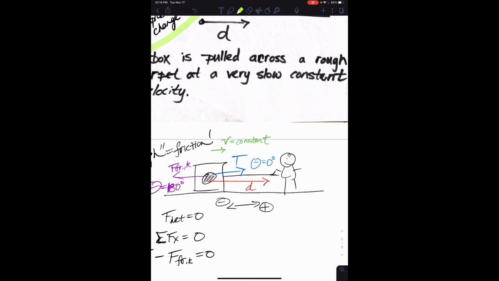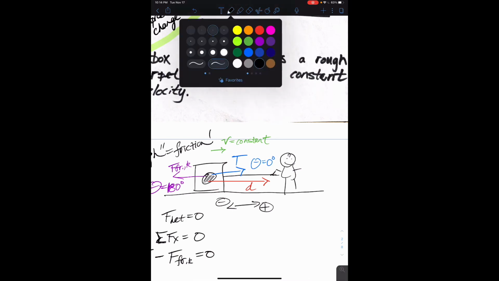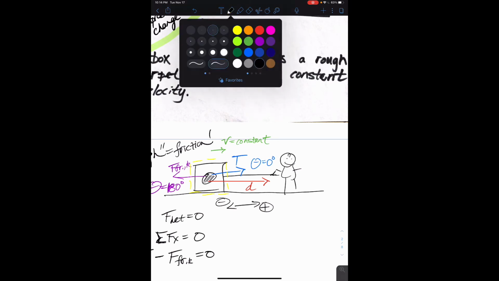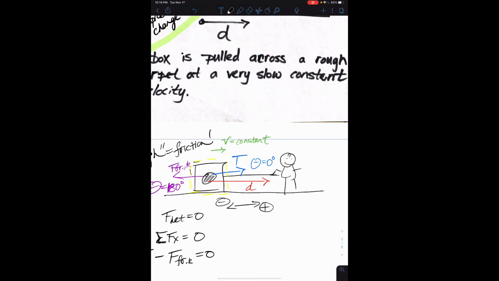I don't know why I didn't say it last time. So last time the box itself, just the box, was the system. And I want to make a note of that. That's kind of hard to see that yellow. Let me put a little black in there and maybe that'll make it easier to see. So last time, system was box only.